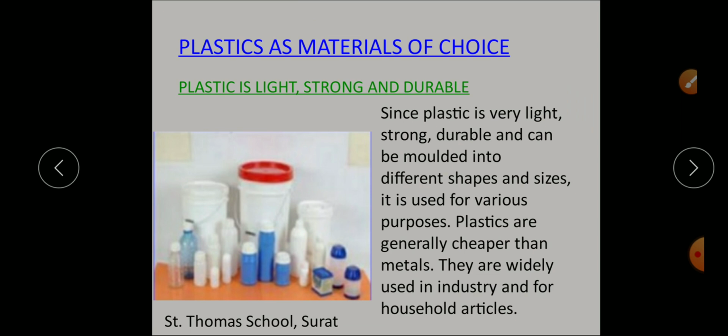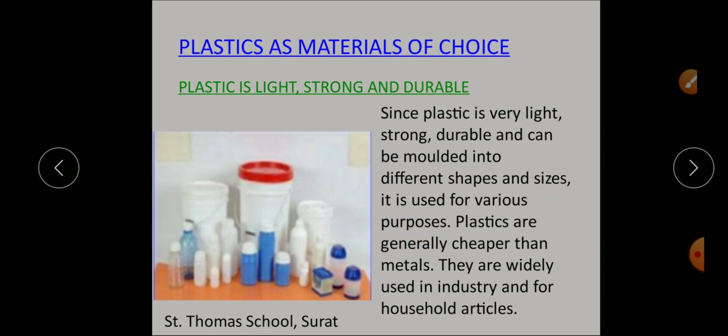The second property is that plastic is light, strong and durable. Since plastic is very light, strong, durable and can be molded into different shapes and sizes, it is used for various purposes.